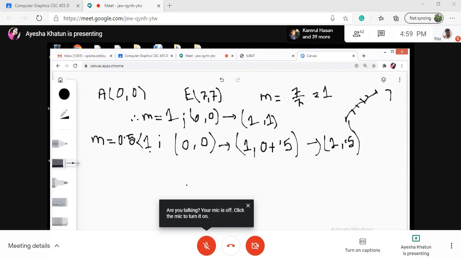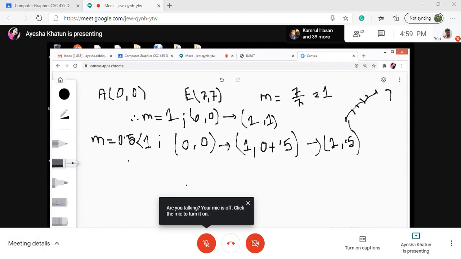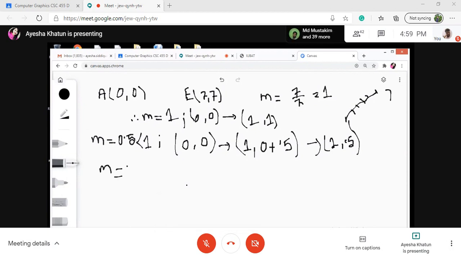Then if we have m equal to 2, that means m is greater than 1, right? So in that case, what will happen? We have 0, 0. If m is greater than 1, y will be incremented by 1, so we will get 1.